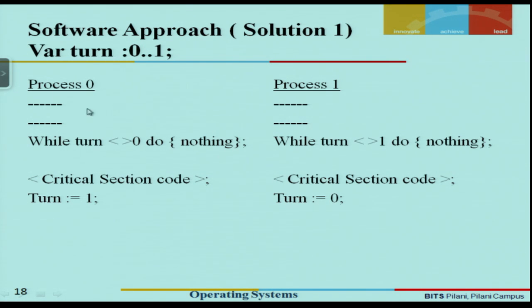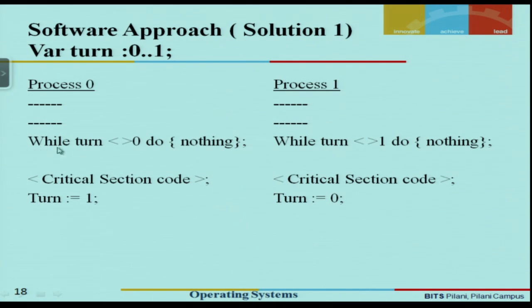Let us say process 0 comes. It will check if the turn is not equal to 0. Turn not equal to 0 essentially means that turn is equal to 1, because the turn can take a value of 0 or 1. What does it mean? It means that it is the turn of process 1 to get into the critical section.